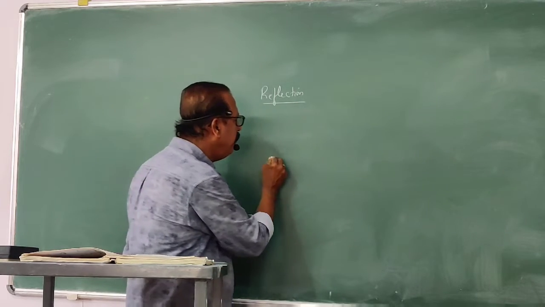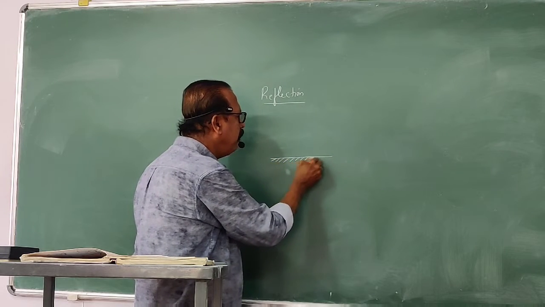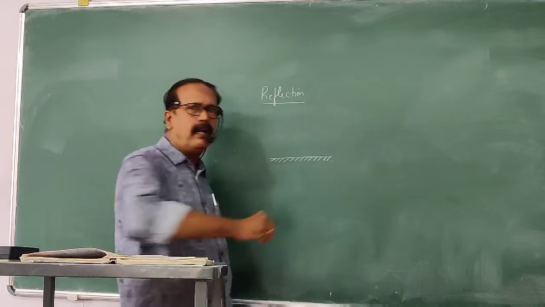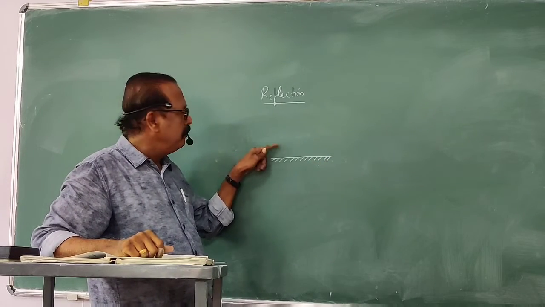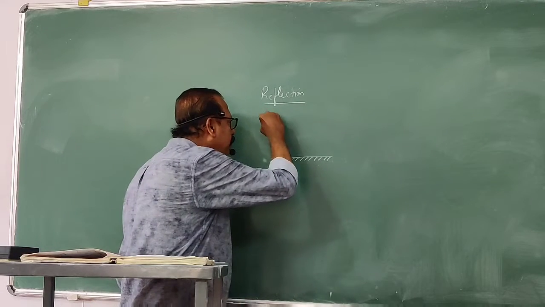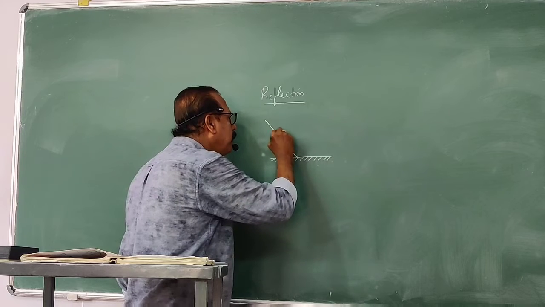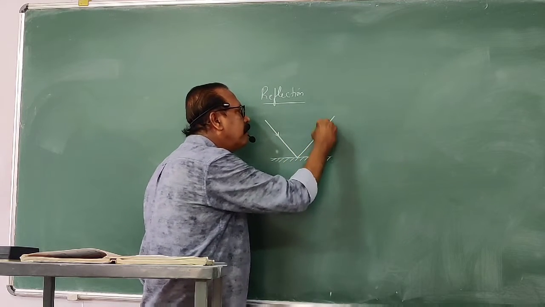If I represent this by a plane mirror, this is the reflecting side and this is the non-reflecting side. When the light ray is incident on a plane mirror, it gets reflected like this.